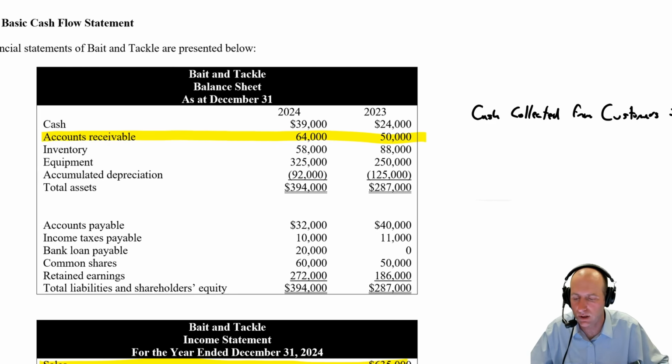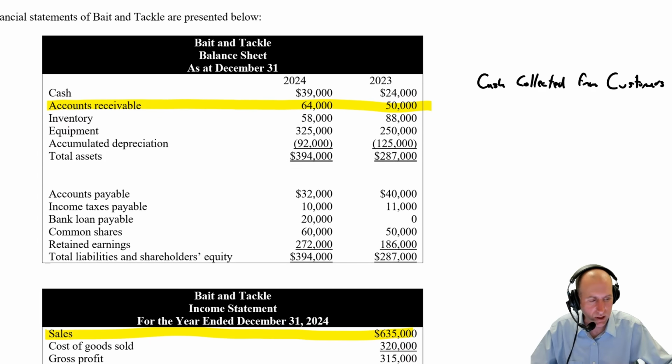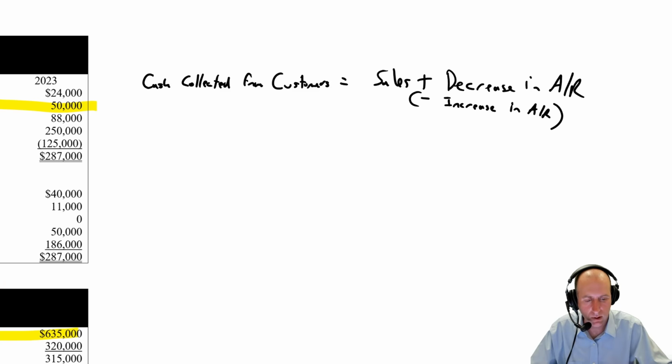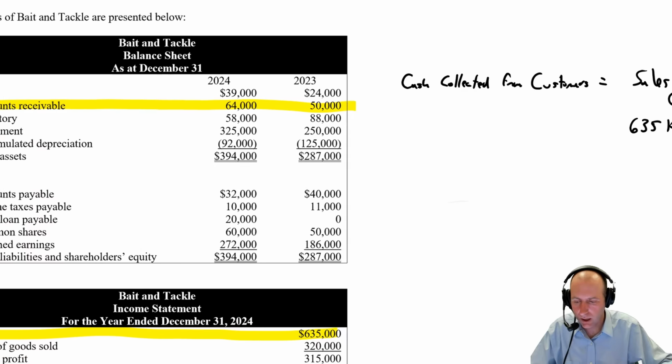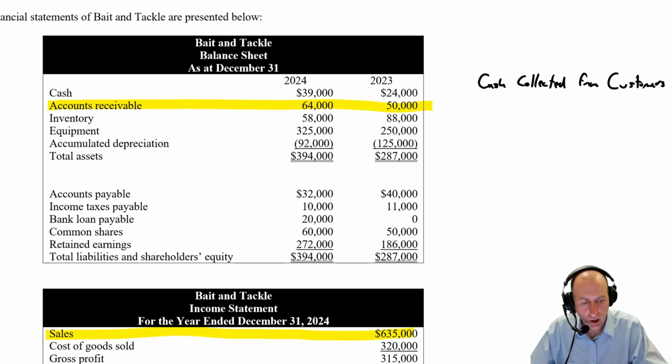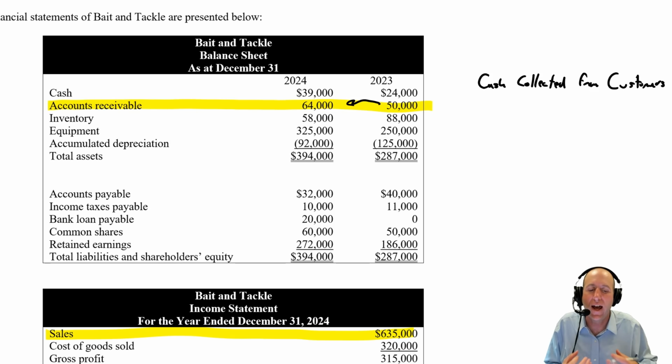So let's see what's happened here. Our sales were $635,000. I'll just put K here. Accounts receivable, it didn't decrease, it increased by $14,000. What does that mean? It means I didn't collect all my sales, so I have to subtract this. This is bad for cash flow. Accounts receivable going up, bad for cash flow.